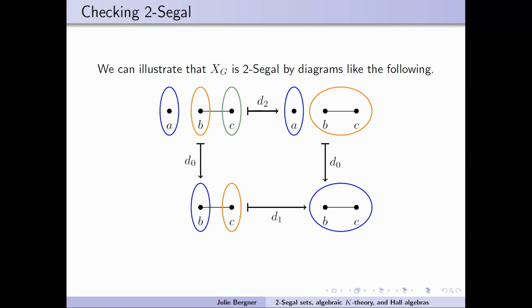Let's look at the 2 Segal map given by D0, D2. If I take D0, that means throw out the first thing in the partition, which is A. Now notice the colors shift, orange becomes blue, the indexing shifts. So I just get B and C.